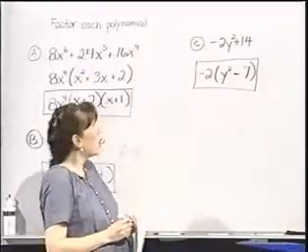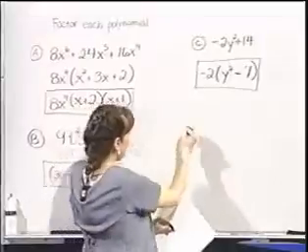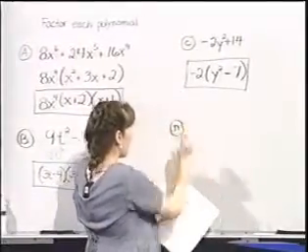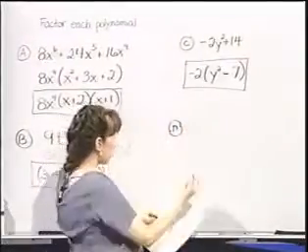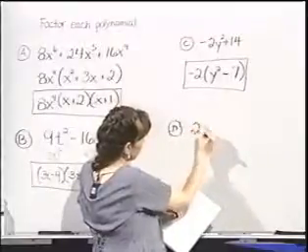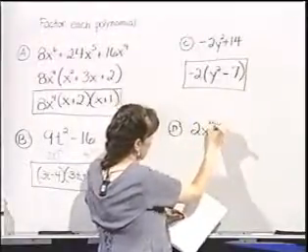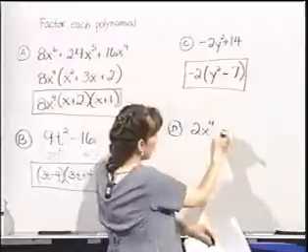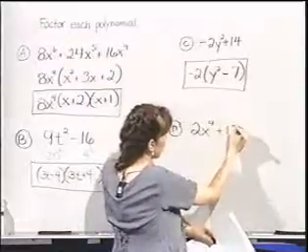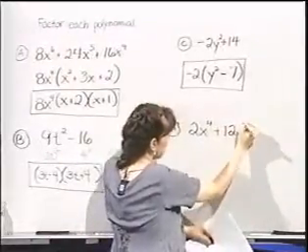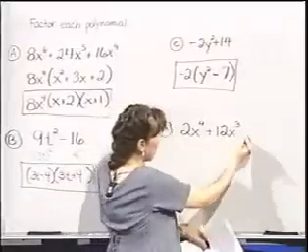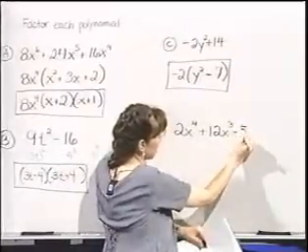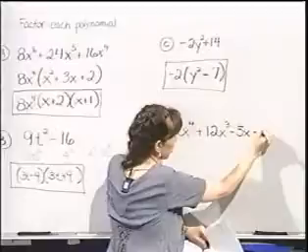Okay? Let's look at example D. Example D is the polynomial 2x to the 4th plus 12x cubed minus 5x minus 30.